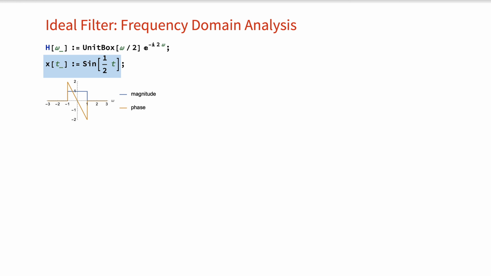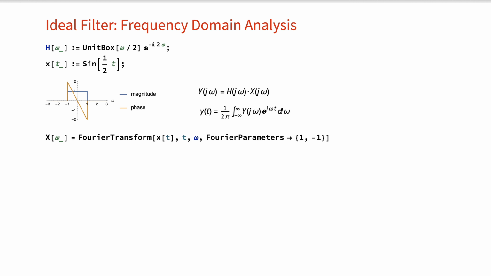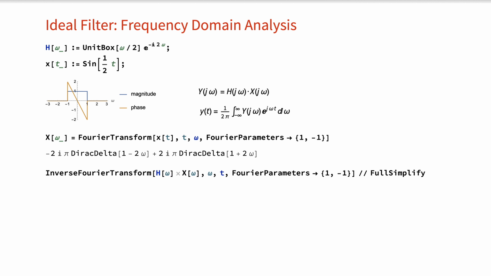Now let's consider a sinusoidal signal passing through the ideal low-pass filter that we define as the unit box. The output then will be the inverse Fourier transform of the product of x of j omega and h of j omega. First, let's find the Fourier transform of the input signal x of j omega. Then the Fourier transform of the output will be the product of x of j omega and h of j omega.